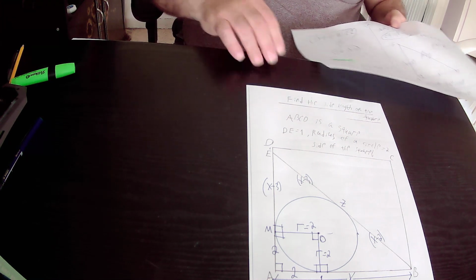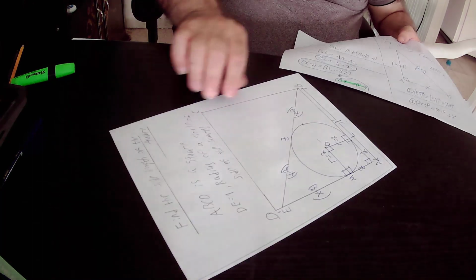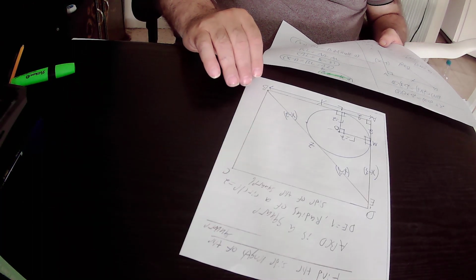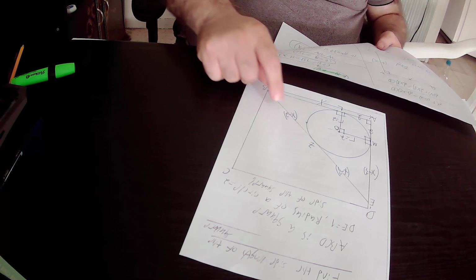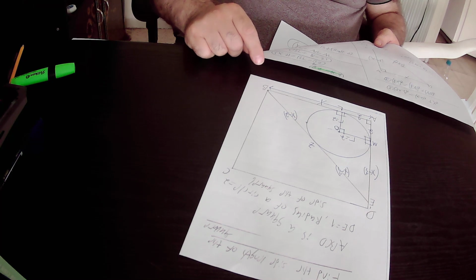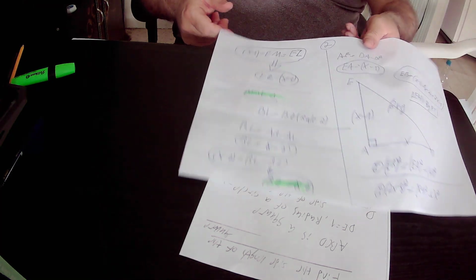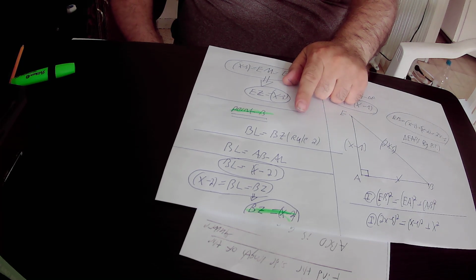Then we focused on the common external point, point B. From point B, we have 2 tangents to this circle, tangent BL and tangent BZ, and according to rule number 2, they must be equal to each other. Repeat again, BL must be equal to BZ according to rule number 2.